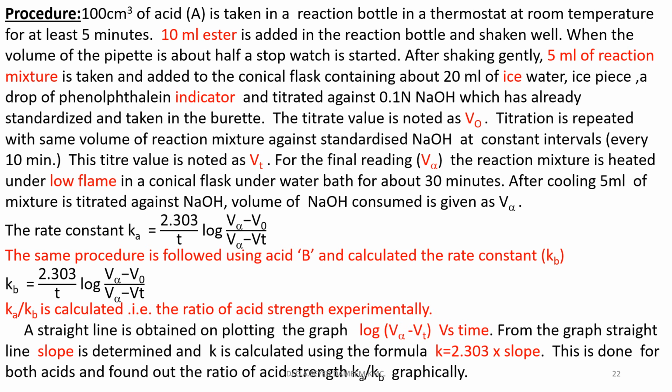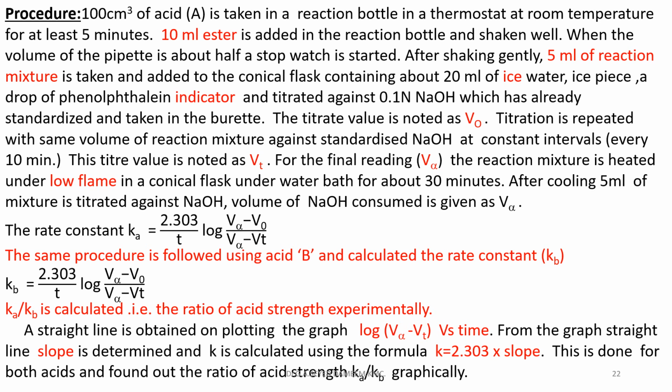From the values V0, Vt, and V infinity, the rate constant is calculated at various times: 10 minutes, 20 minutes, 30 minutes, 40 minutes, 50 minutes, and 60 minutes. We have 6 readings, and all these readings are tabulated in Table 1.